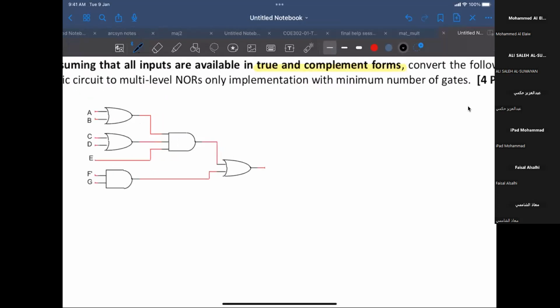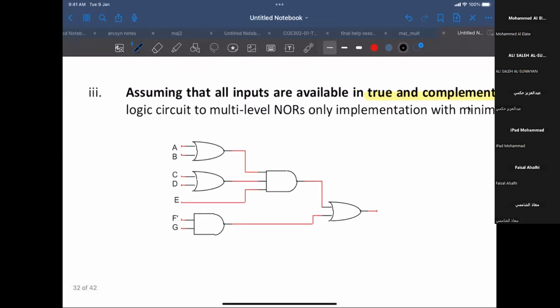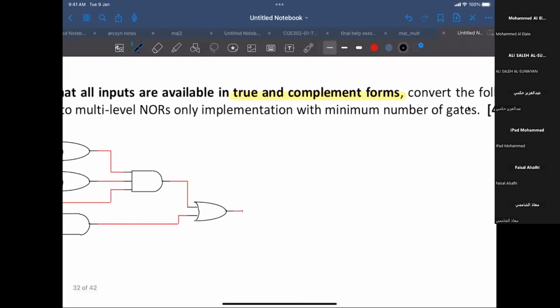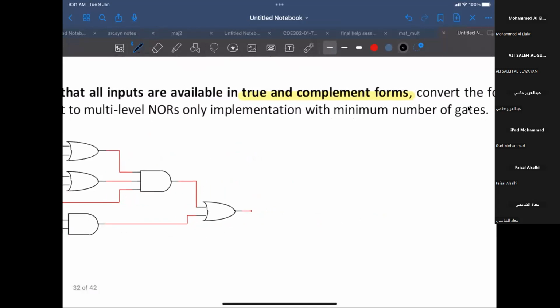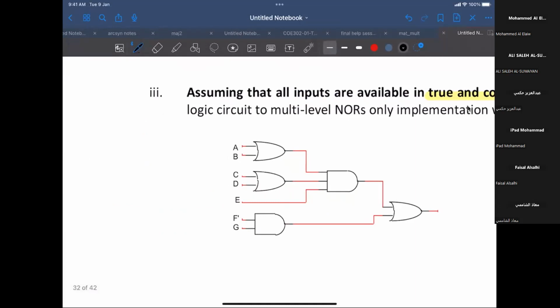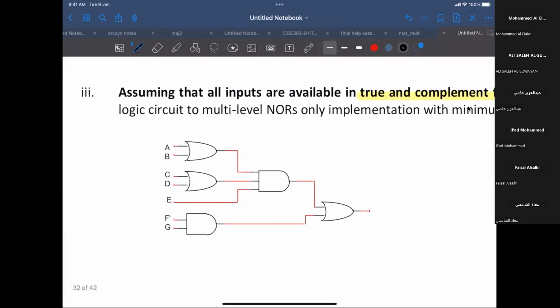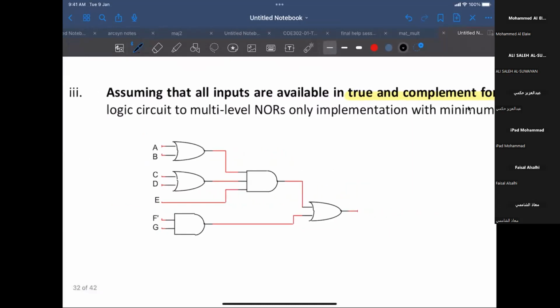Okay, so we want to convert this now. Notice that in the question, the true and complement forms of the inputs are available to you, so you can use a complement without using an inverter. Okay, so I'm going to convert this to NORs only. So you start with the OR gates and put bubbles in front of them, and then cancel these bubbles to maintain the functionality of the circuit.